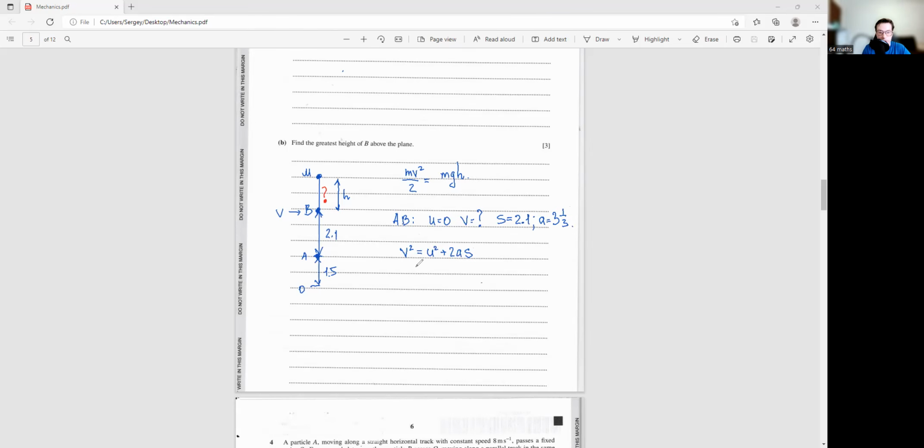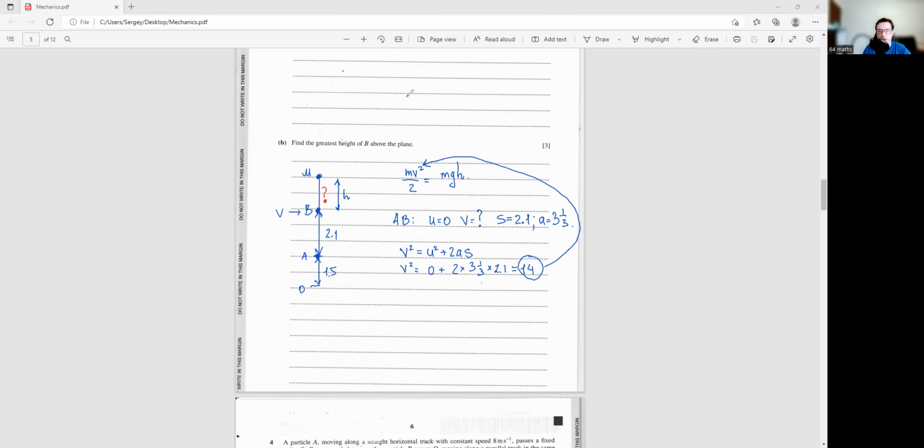Now let's substitute all the numbers that we know. So v squared equals, well, u squared is 0, so plus 2 times 3 1/3 times 2.1. That equals 14. Okay, so now I know v squared, and I can substitute it into the equation for the energy.